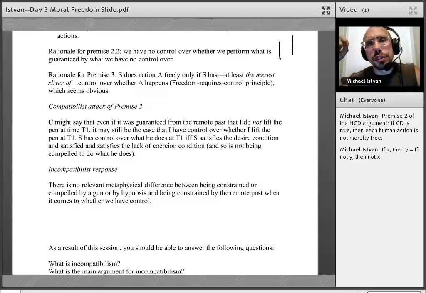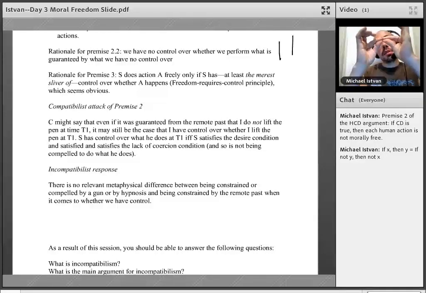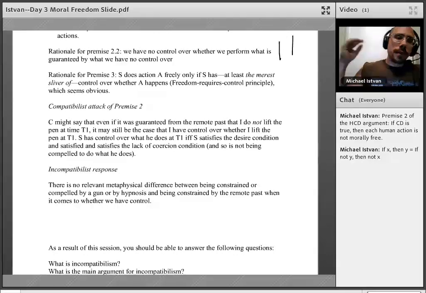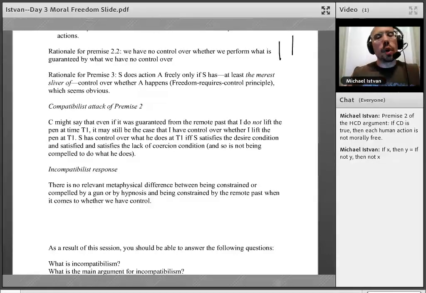The freedom requires control principle, this obvious principle, is worded as follows. S does action A freely only if S has at least some control over whether A happens. For the sake of the argument, we can make it the merest little sliver, infinitesimally small.